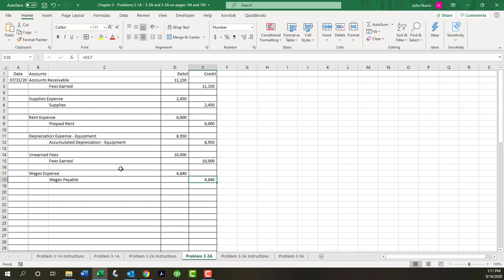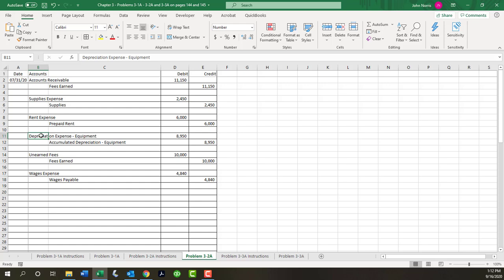So in each case, there's always one balance sheet account and one income statement account. So for the accrued revenue, the first one, the balance sheet account is the accounts receivable. The income statement is fees earned. The deferred expense is supplies expense. That's the income statement account. And supplies is the balance sheet account. For the another deferred expense, rent expense, is the income statement. Prepaid rent is the balance sheet.